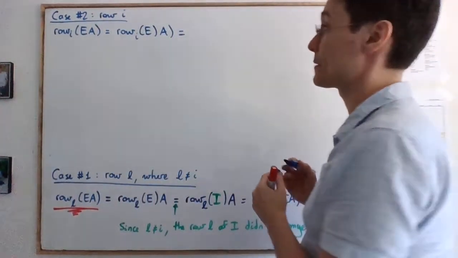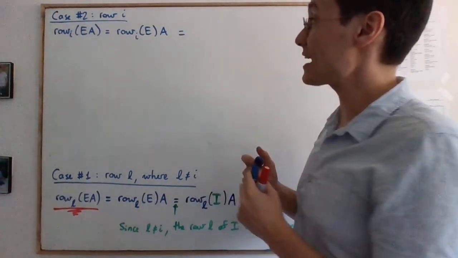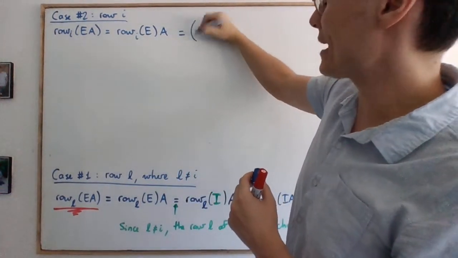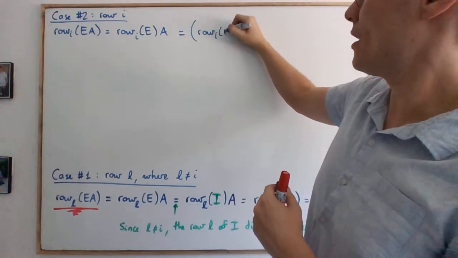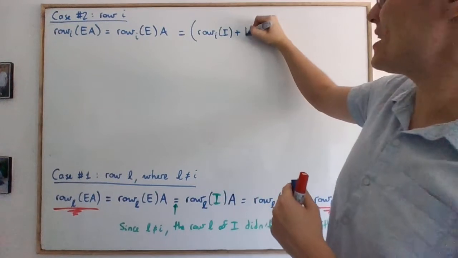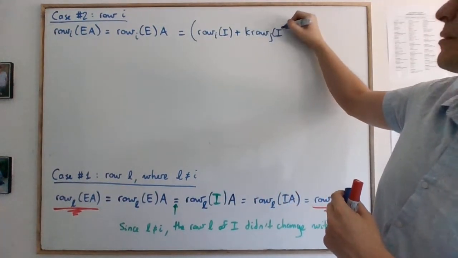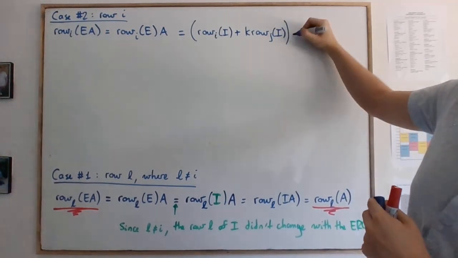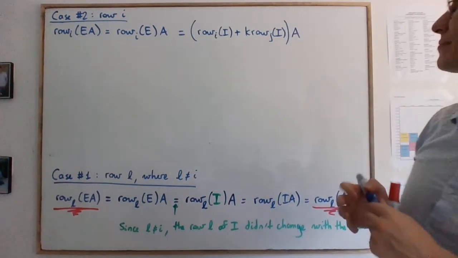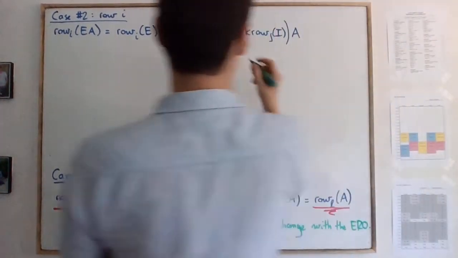Look at this carefully. This is actually going to be, in brackets, the row i of I plus k times the row j of I, multiplied by A. Okay, so this is the important part right here.